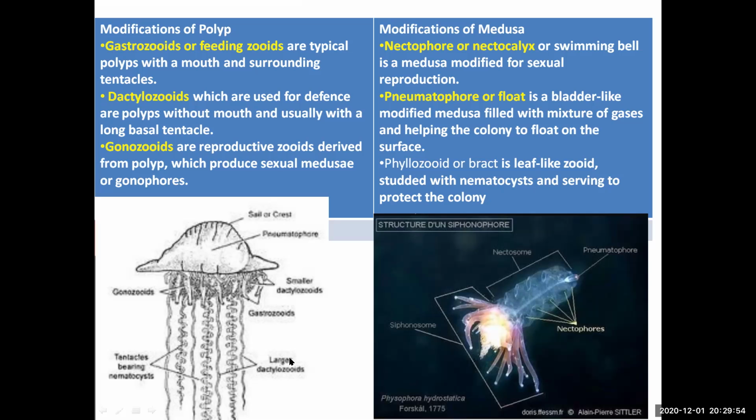The protective polyps are dactylozoids. The zooids with mouth which help in feeding are gastrozoids, and the polyps which help in reproduction are gonozoids. In the next diagram we can see nectophores or nectocalyx, swimming bells modified for sexual reproduction.